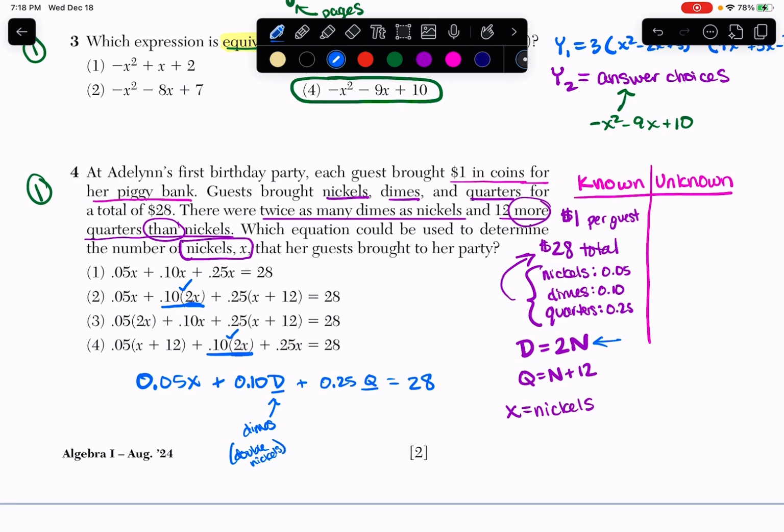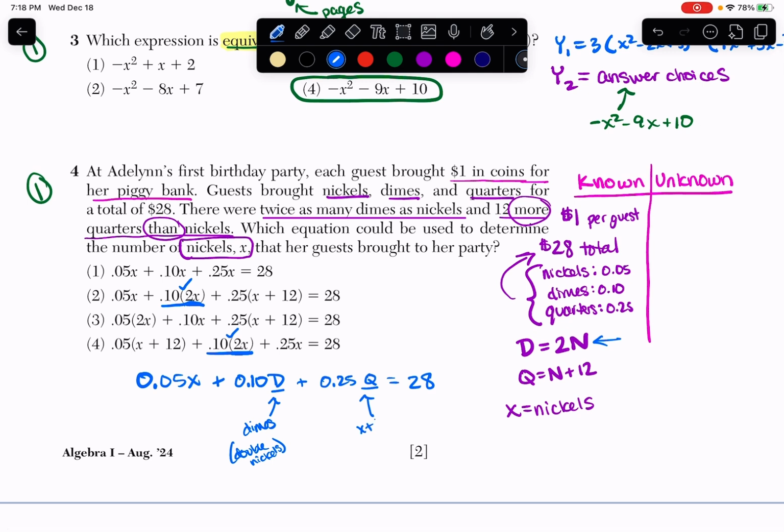I want quarters to be represented as 12 more than nickels. So quarters are going to be x plus 12, or I said n plus 12 over here. So if I look for answer choices that have quarters, I have this one, and I have this one.